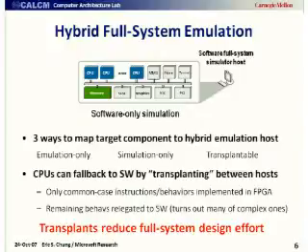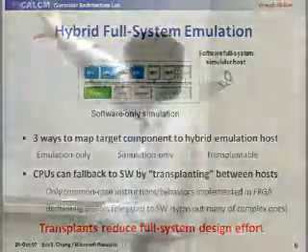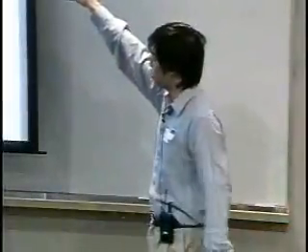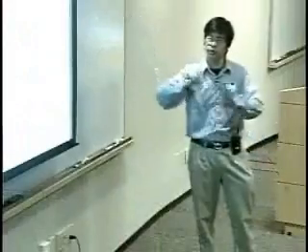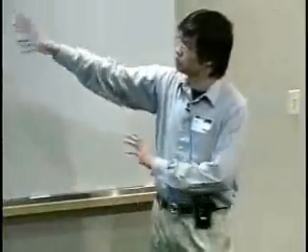So, hybrid full system emulation. What I'm showing you in this picture, within the box, is a textbook example of a complete system. You have many processors, you have memory, and you have devices. And this is what we normally do with our full system simulators. We simulate all of these behaviors in software on a PC workstation.